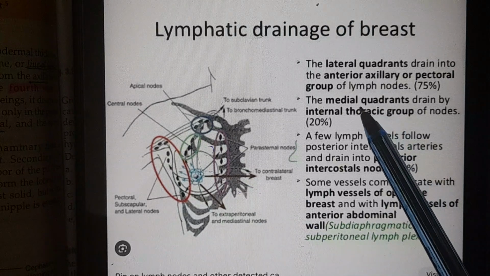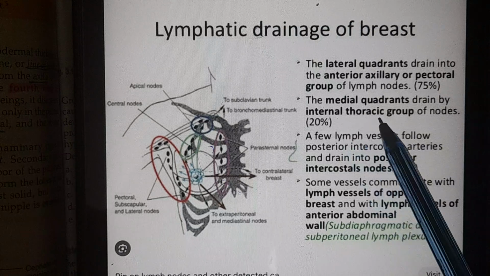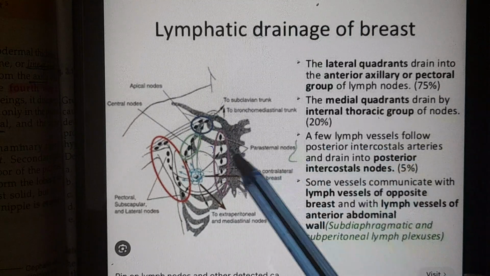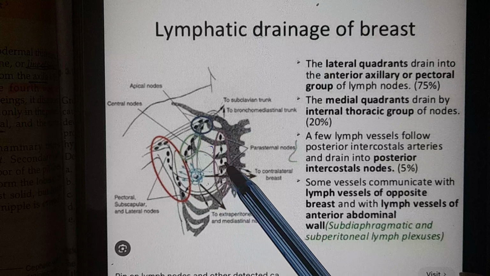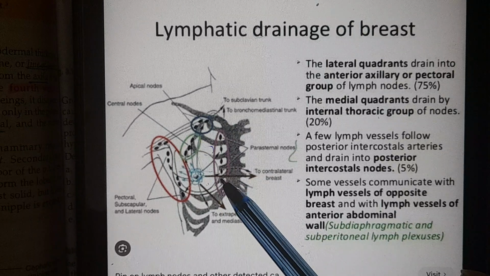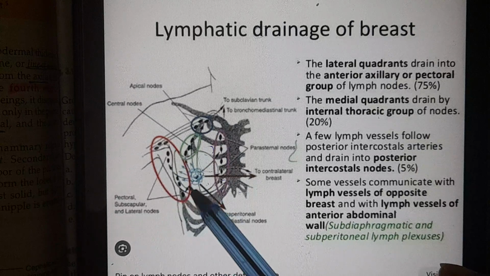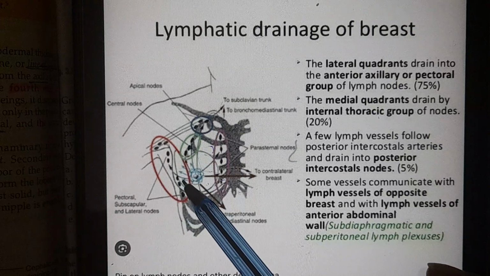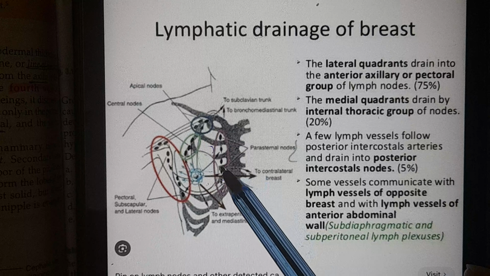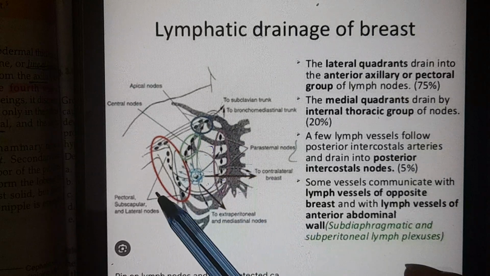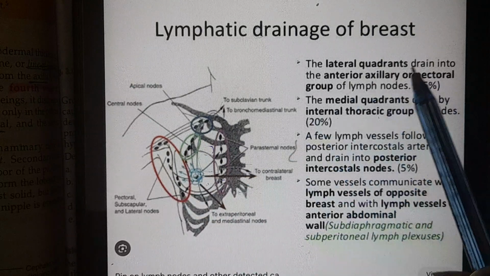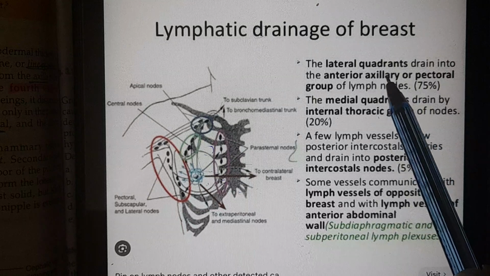The medial quadrant drains into the internal thoracic group of lymph nodes, 20%. So the medial side goes to the internal thoracic or parasternal lymph nodes. The lateral quadrant goes into the axillary lymph nodes, and this drainage is 70%. Medial drainage was 20%, lateral drainage is 70%, mainly into the anterior axillary lymph nodes.